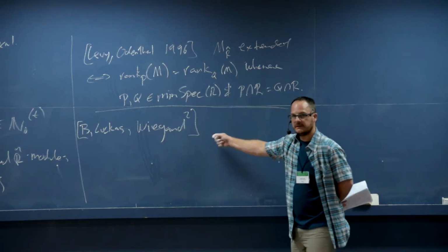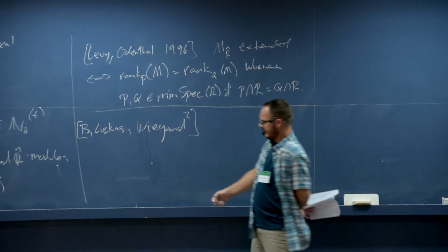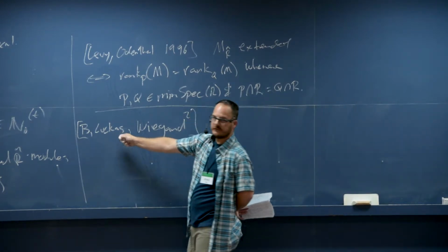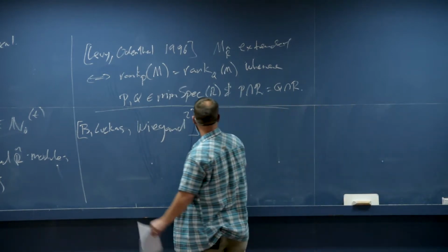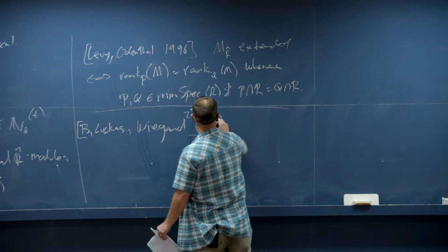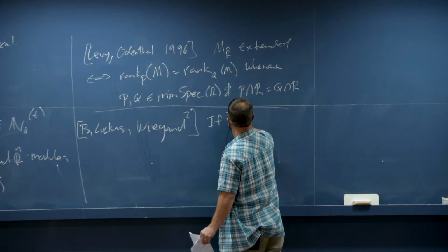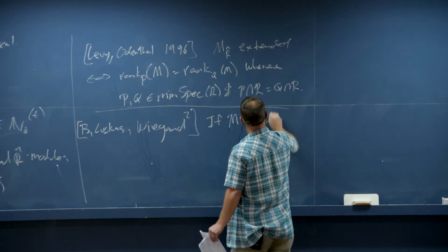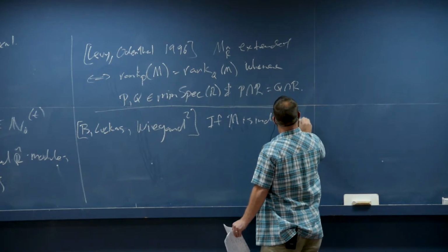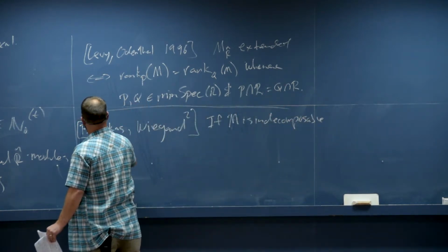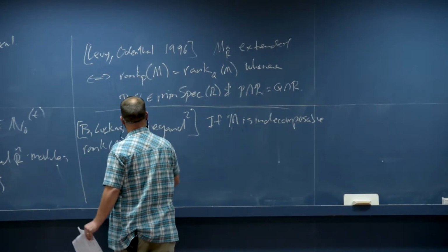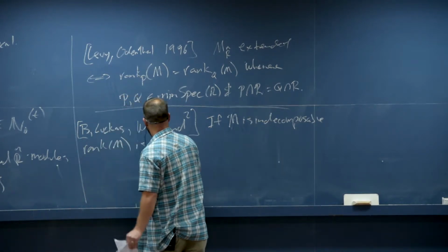Roger and Sylvia did an awful lot of this, and Sylvia's student Melissa Lucas and I kind of finished off the last little pieces. And it says if M is indecomposable, then the rank of M is on the list.